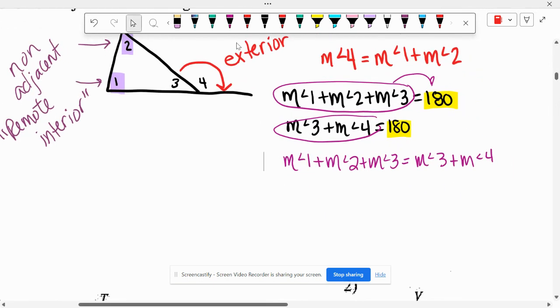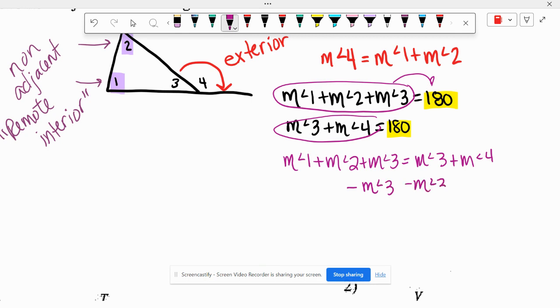If I subtract the measure of angle 3 from both sides, what does that leave me with? The measure of angle 1 plus the measure of angle 2 equals the measure of angle 4. And that is the exterior angle theorem.